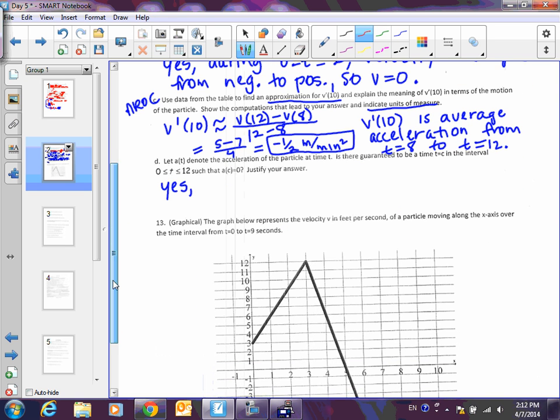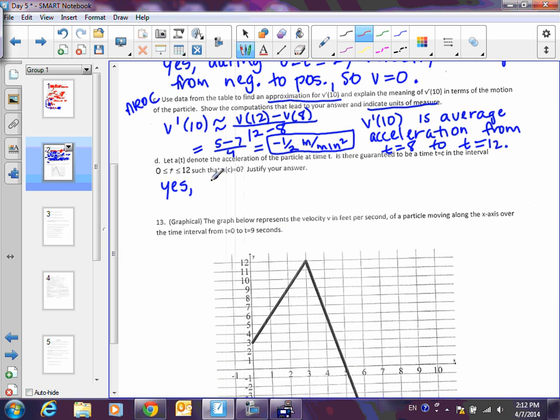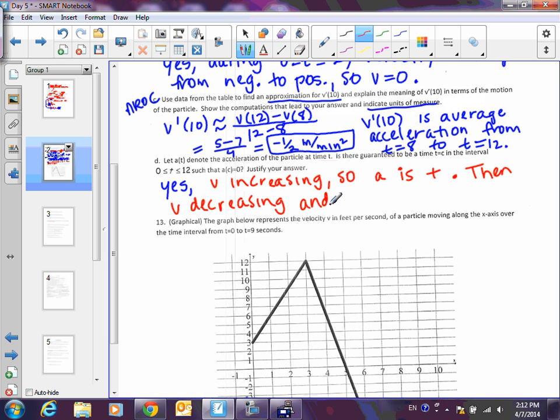All right, so how could we explain this? V is increasing, so acceleration is positive. Then V is decreasing, and acceleration is negative.